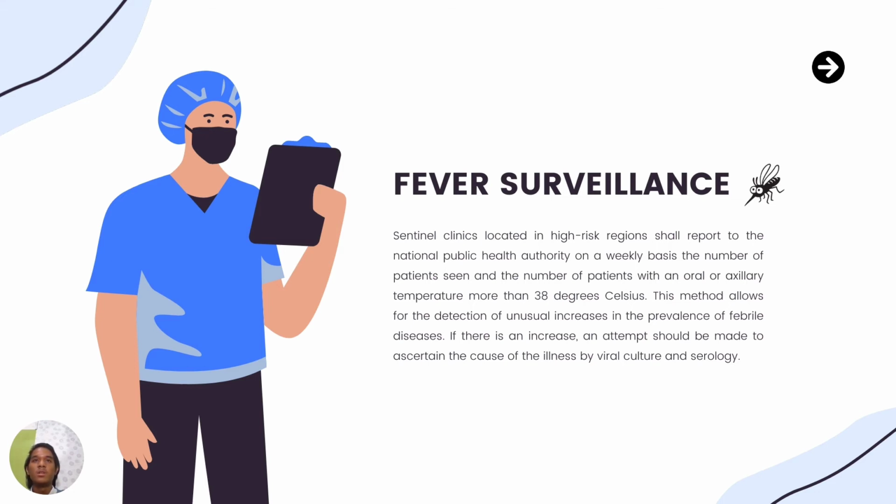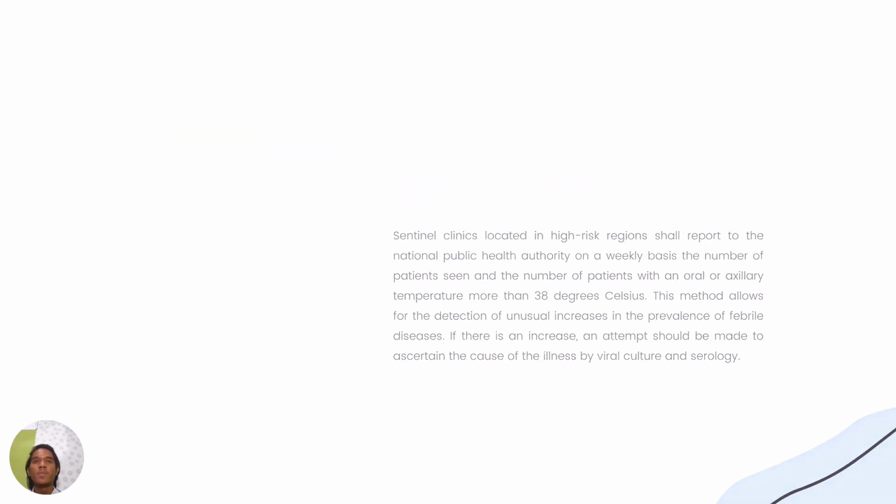This method allows for the detection of unusual increases in the prevalence of febrile disease. If they increase, an attempt should be made to ascertain the cause of the illness by viral culture and serology.